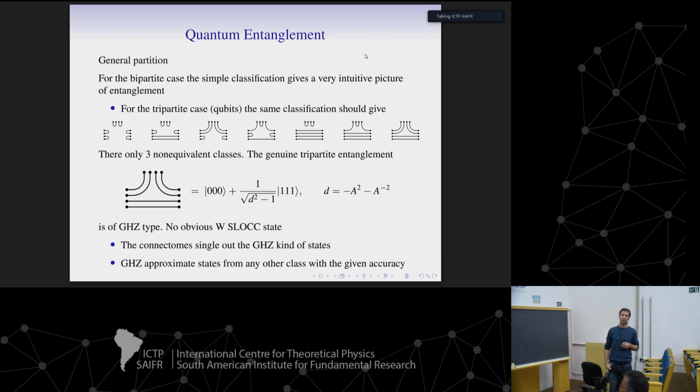But you can use approximation with arbitrary precision. This is the tolerance that appeared in Robstock. In fact, this W state can be constructed from the GHZ state with arbitrary precision by action of local unitaries. So you can start braiding the lines here, and eventually you can come arbitrarily close to a W state.